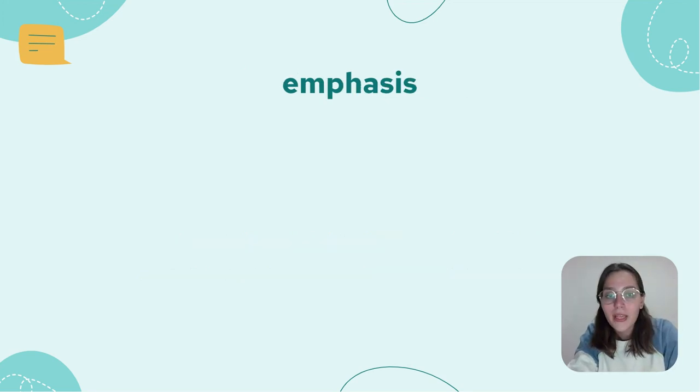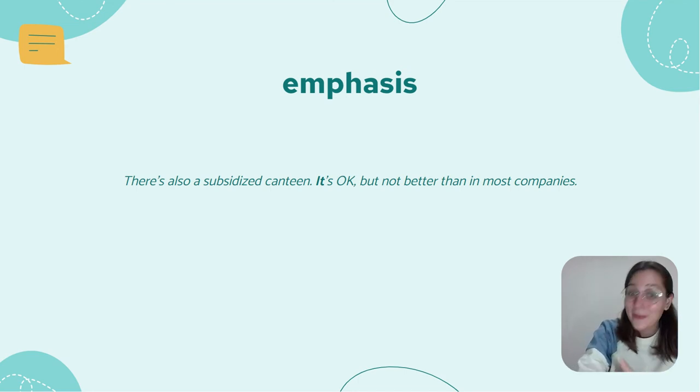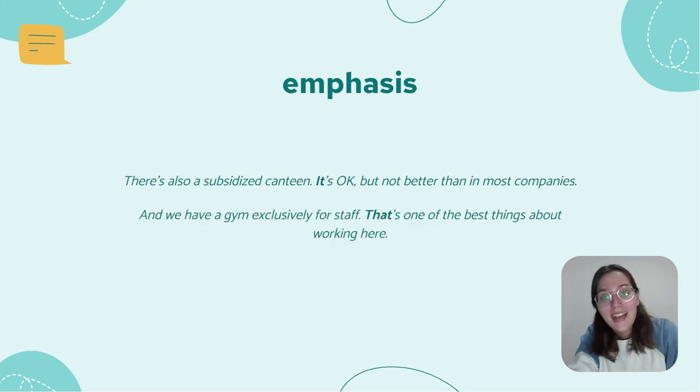Let's take a look at how we can be emphatic by means of our choice of reference. We can go with the neutral form, of course, in that case, that would be it. Here's also a subsidized canteen. It's okay, but it's not better than in most companies. And we have a gym exclusively for staff.